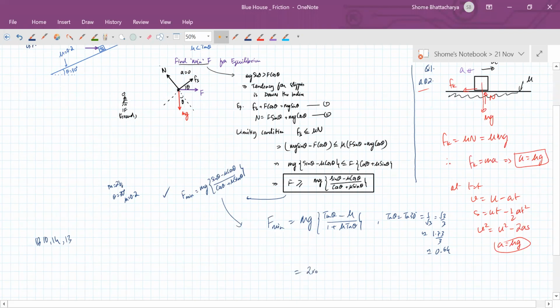So 2 multiplied by 9.8 into 0.64 minus 0.2 upon 1 plus 0.2 into 0.64. This calculation, so that is becoming 19.6 multiplied by 0.44 divided by, how much will this be, 1.128.